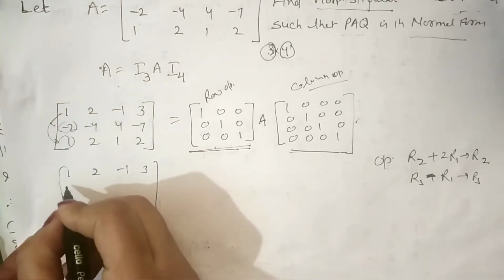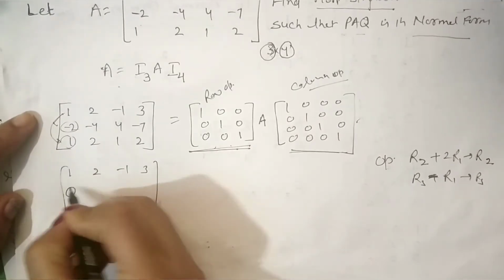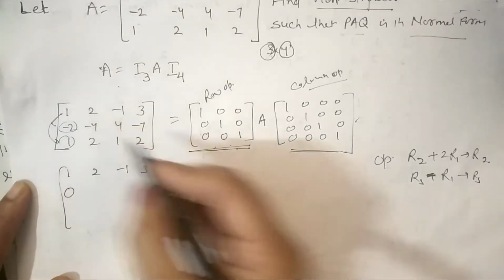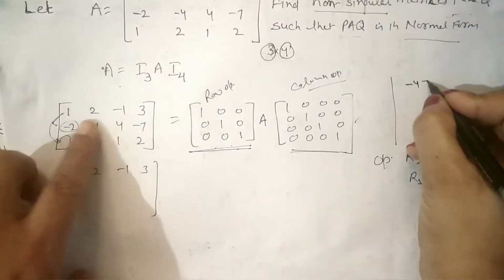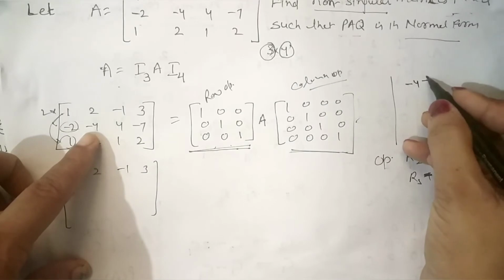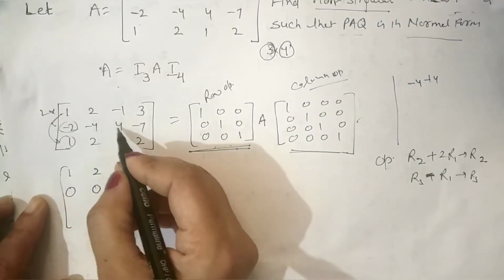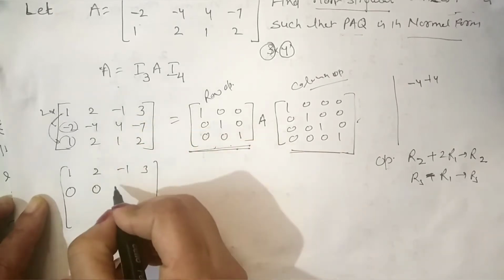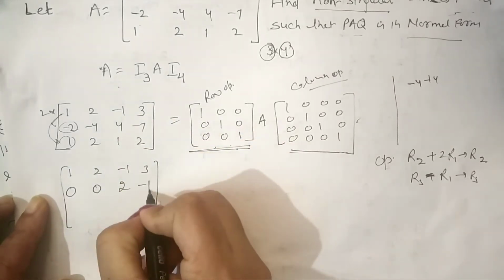Now applying this operation, we have 2, minus 2, 0. What will this be? You can solve this in rough. Minus 4, when we multiply it with 2 and add, it becomes minus 4 plus 4, which is 0. Then here 4 minus 2 is 2, minus 7 plus 6 is minus 1.